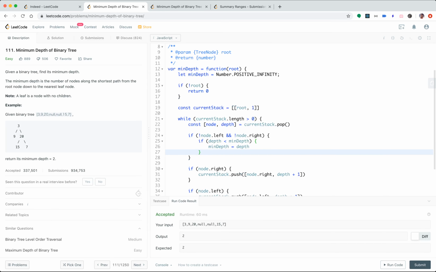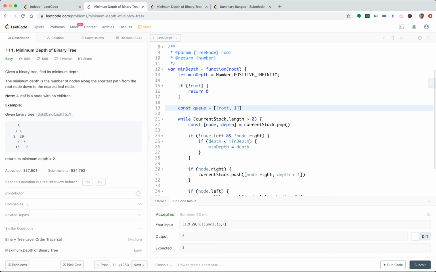The next one we just try to use BFS. The BFS will use a queue.